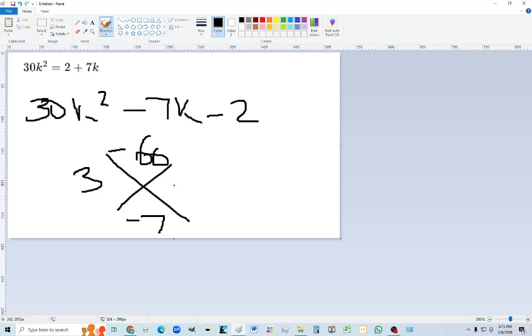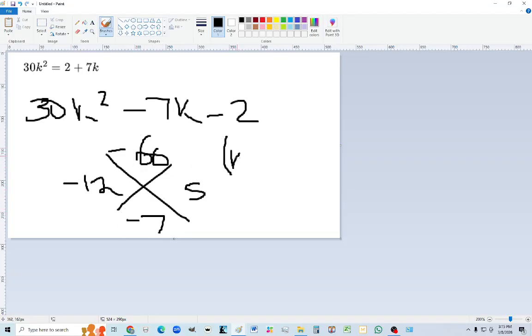No. 6 and 10 doesn't work. 5 and 12. Yeah. No, that's it. 5 and 12. So I'm talking about minus 12, positive 5. They multiply out to minus 60 and add up to minus 7.